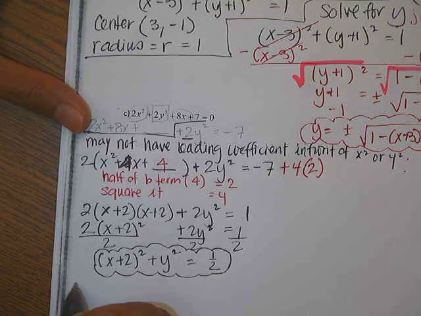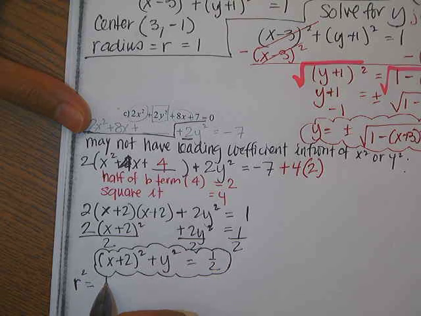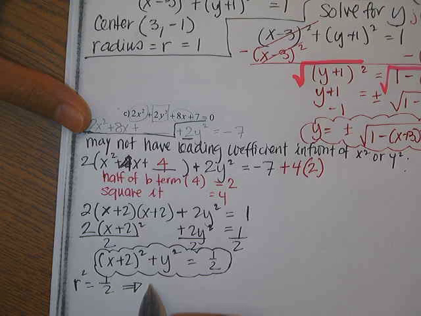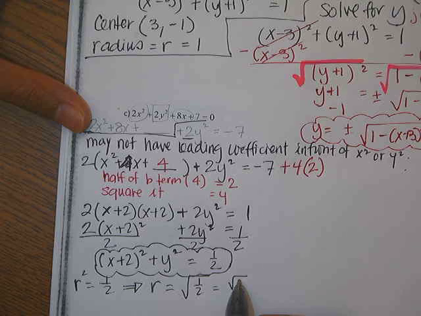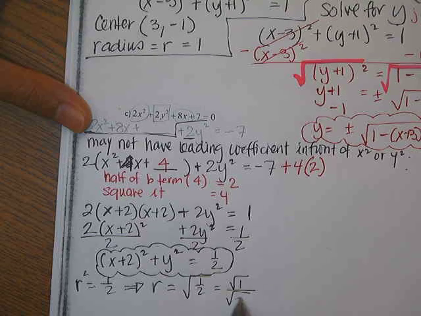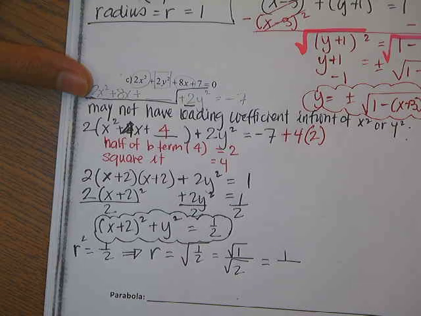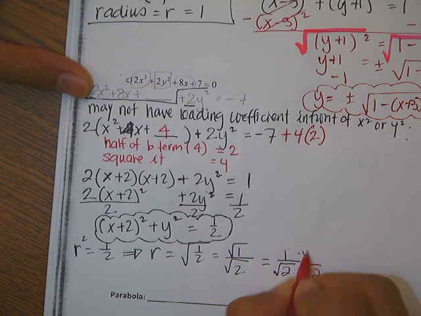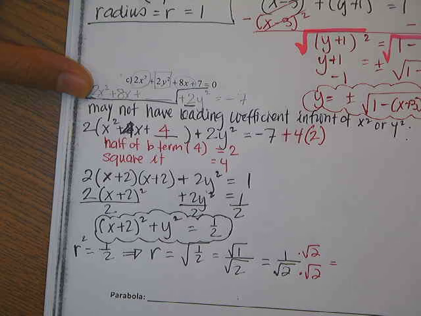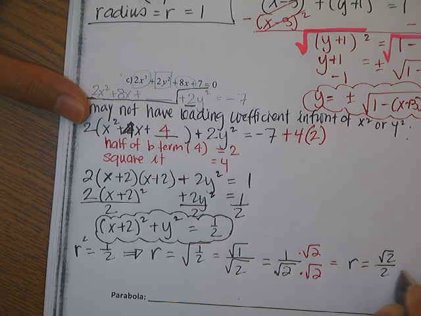I know r squared equals 1/2, which means I need to take the square root of 1/2, the same as the square root of 1 over the square root of 2. The square root of 1 is 1. The square root of 2 I would need to simplify, so let's multiply by square root of 2 over square root of 2. That's going to give me the radius: r equals square root of 2 over 2.